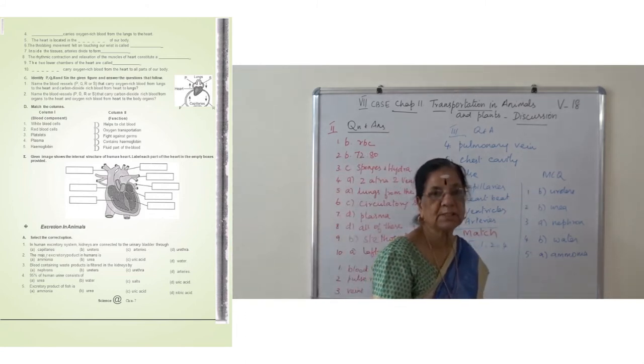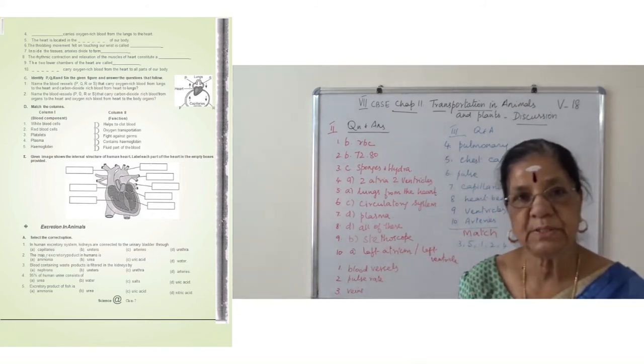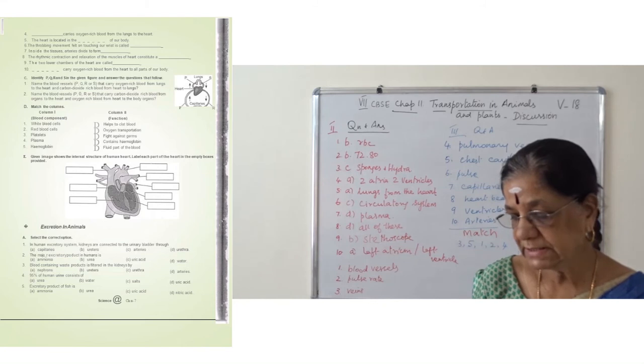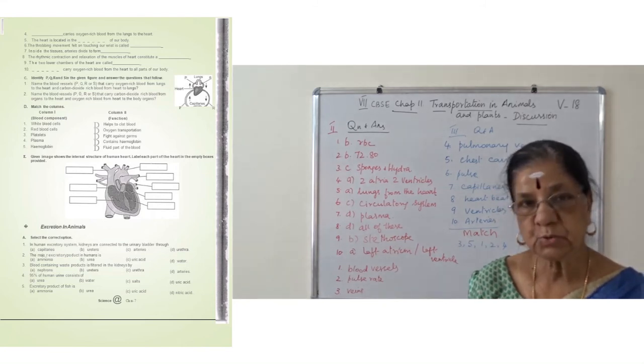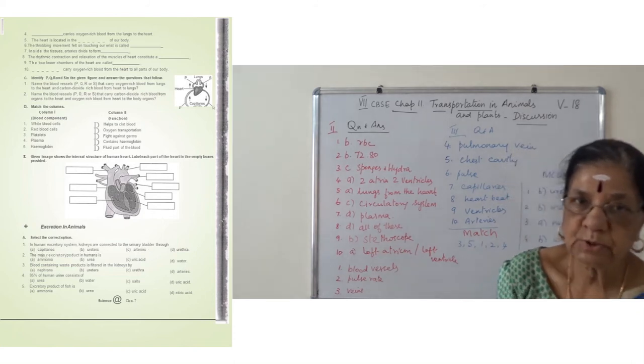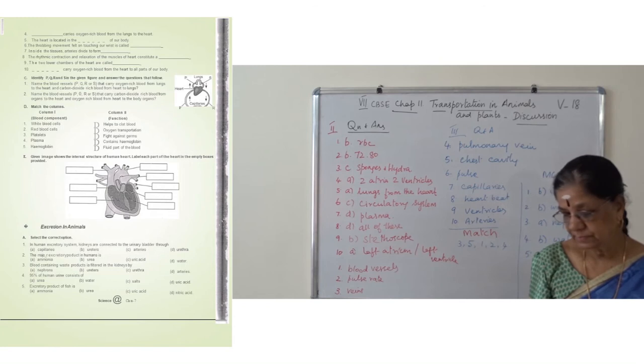MCQ, choose the correct answer. This is for excretion in animals. In the human excretory system, kidneys are connected to the urinary bladder through option B, ureter.